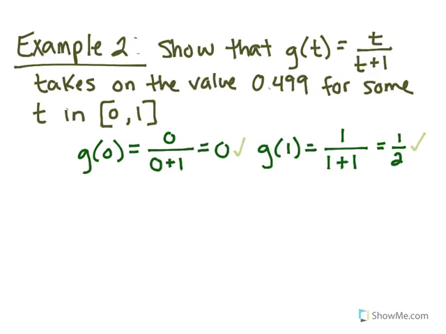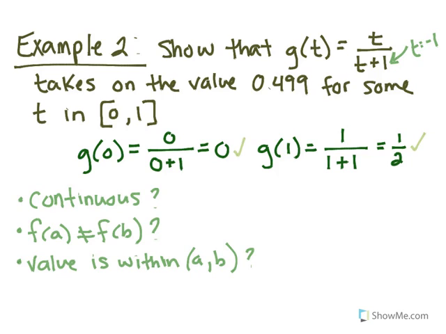If you take a look at the denominator, t plus 1, this is only discontinuous at one point, and that's at t equals -1, because that makes the denominator 0. Notice that -1 is not within this interval, so we don't have to worry about that, which means that between 0 and 1, this function is continuous.